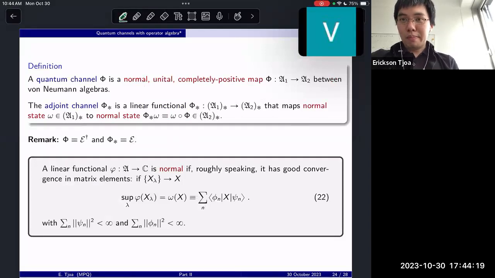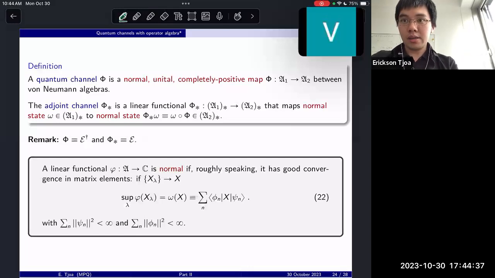But if you want to be more precise in the von Neumann algebraic language, a quantum channel is really a normal, unital, completely positive map between two von Neumann algebras. The completely positive part is necessary, coming from the CPTP property of the original channel.